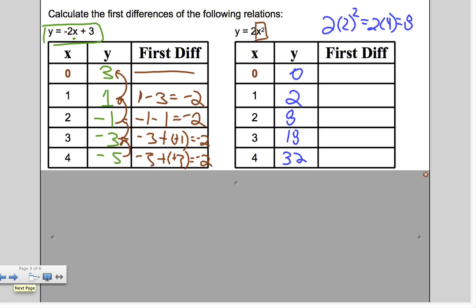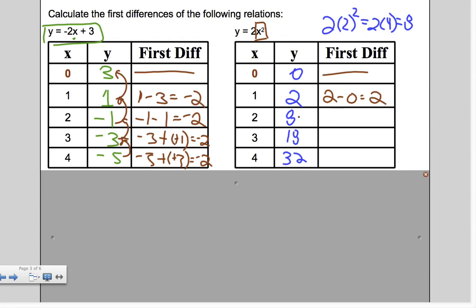Okay? Just a little bit monotonous but a slow process. Well, let's go through the first differences. What's the first difference when x is 1? 2 minus 0 is 2. Next one's 4.